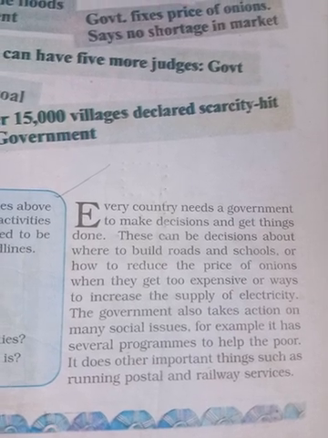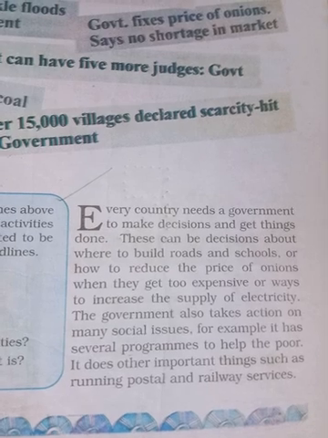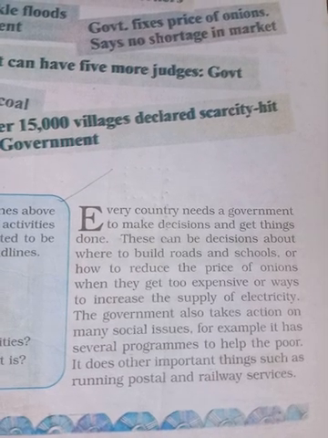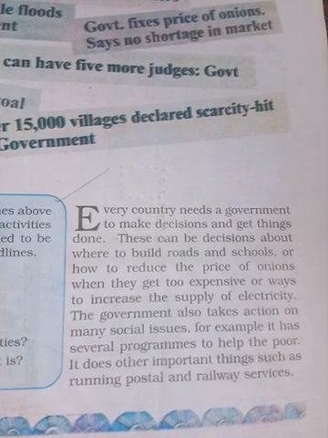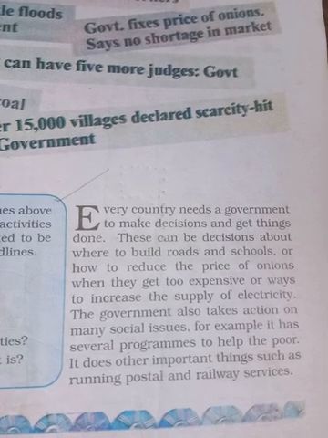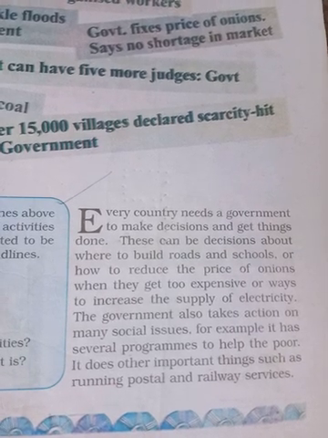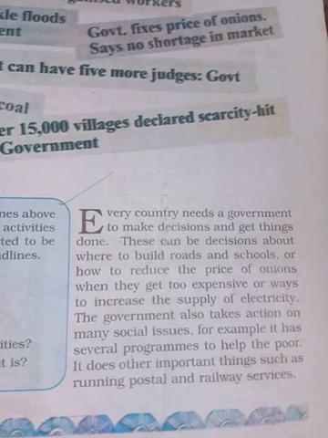The government also takes action on many social issues. For example, it has several programs to help the poor. It does other important things such as running the postal and the railway service.